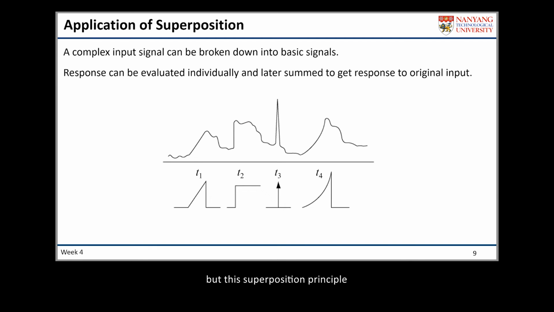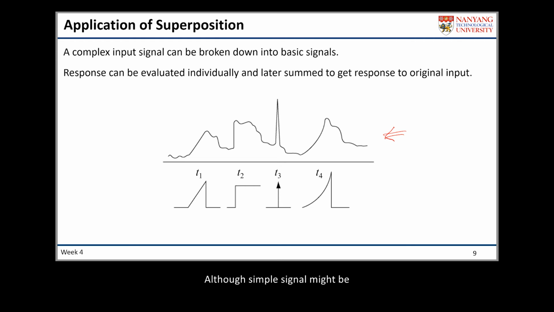But this superposition principle also holds for signals. What do I mean by that? Let's consider an arbitrary input, as you can see in the first plot here. If you look at it carefully, this signal looks like a signal with arbitrary shape. It's like a random signal. But based on this superposition principle, any signal can be decomposed into a combination of simple signals.